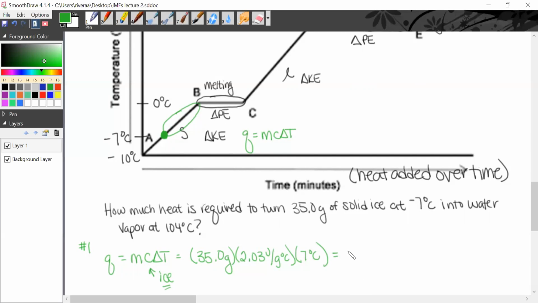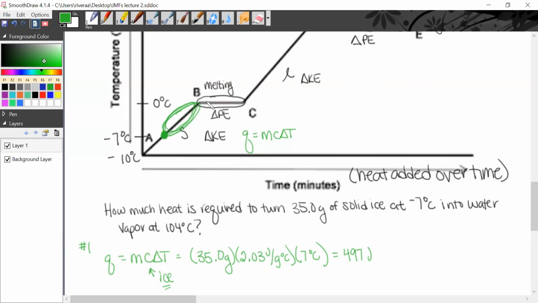All right. And we'll go with 3 sig figs. I kind of did a random number of sig figs when I wrote the problem, sorry. 497 joules. This is just the amount of heat, you guys, needed for this little portion of the graph right here, just to warm up the ice.